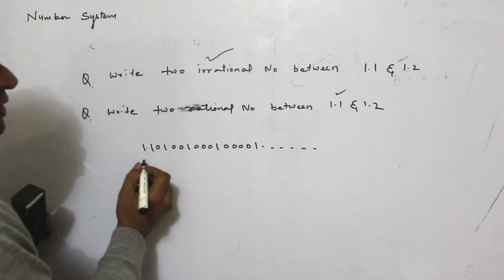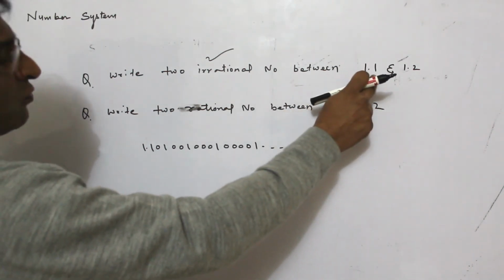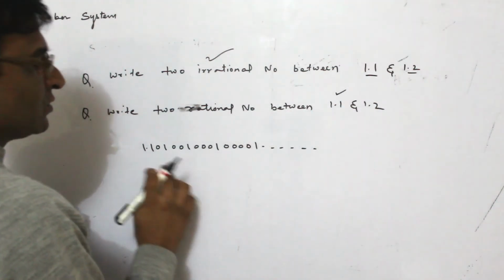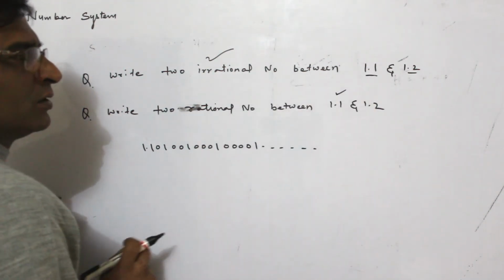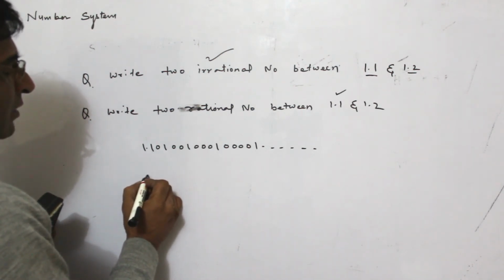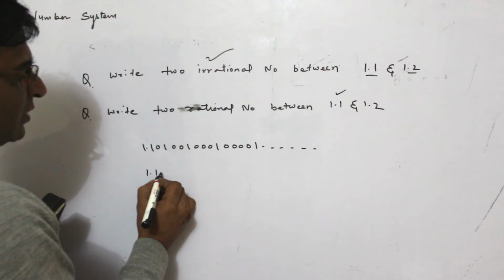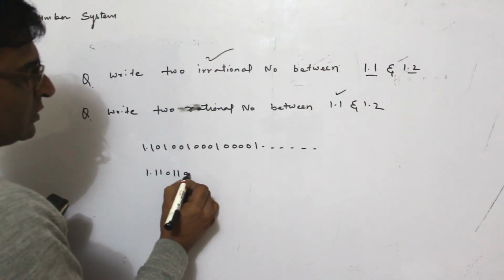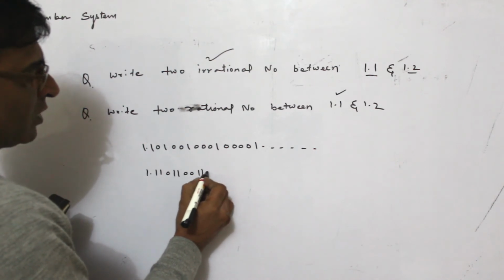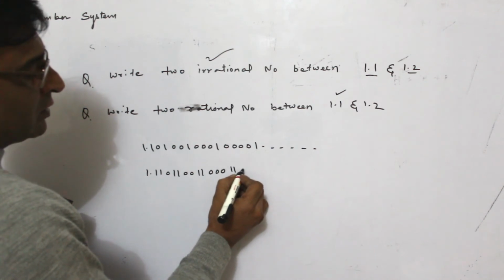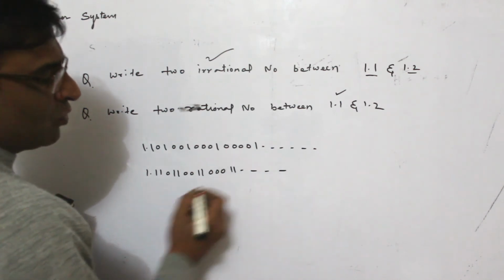See, this number is larger than 1.1 and smaller than 1.2, so this number will fall between these two numbers. And another number 1.1 1 0 1 1 0 0 1 1 0 0 0 1 1, and many other numbers keep going on.